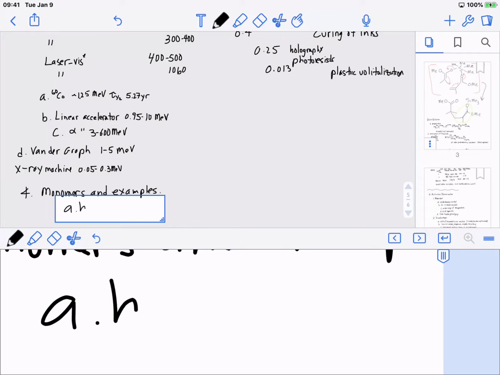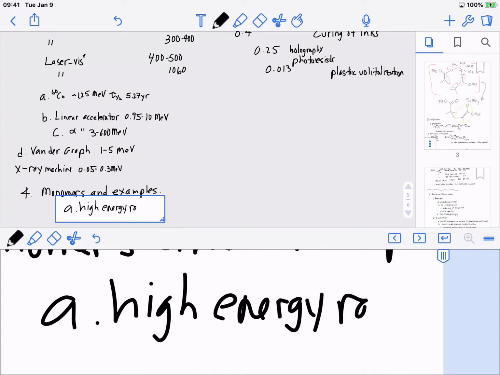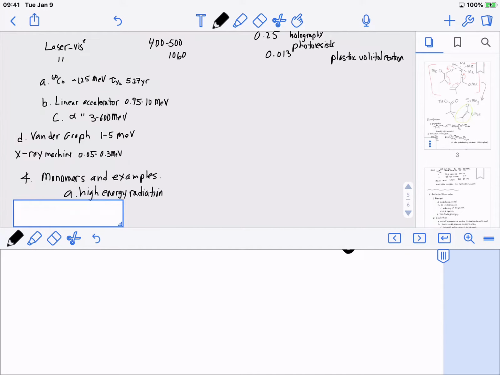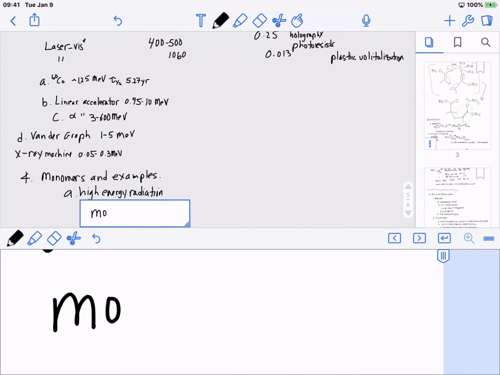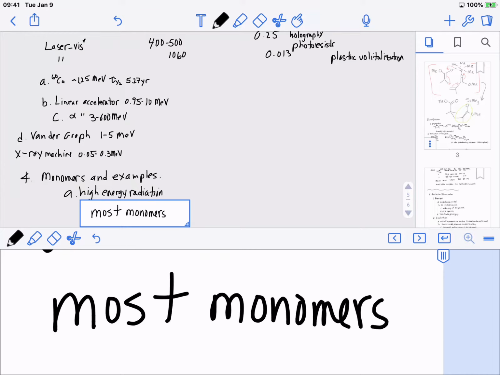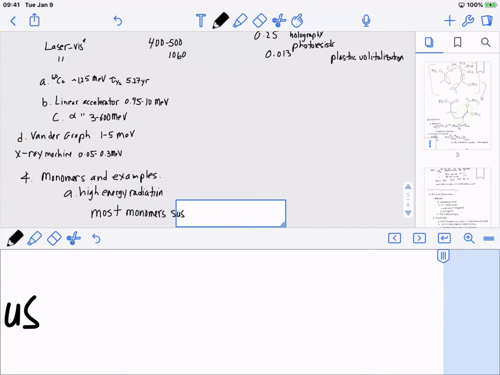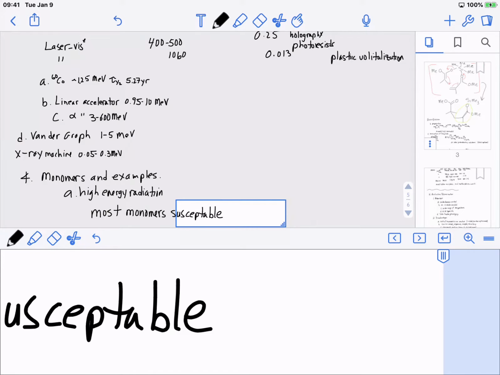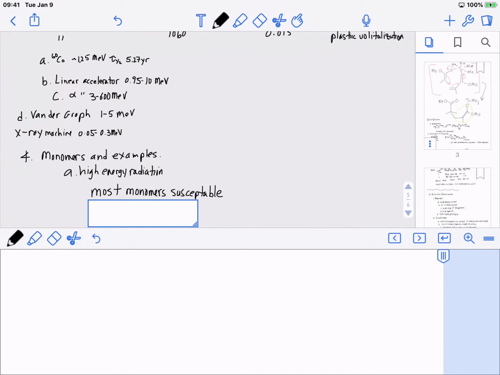A, high energy radiation. Most monomers are susceptible. That's because they're so high energy that you just knock stuff around. These are often free radical reactions.